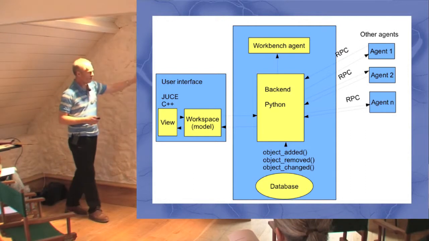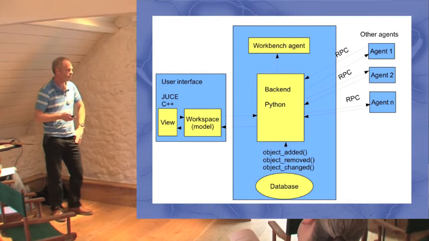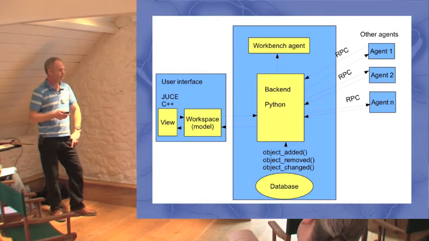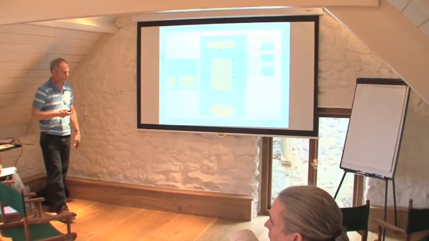So what you do in the GUI goes through to the backend, and then makes calls out, RPCs, to other agents in the system, which changes stuff, tells them to do things, whatever.